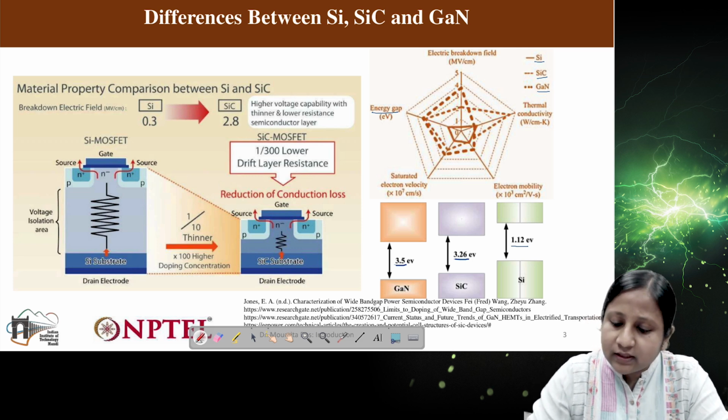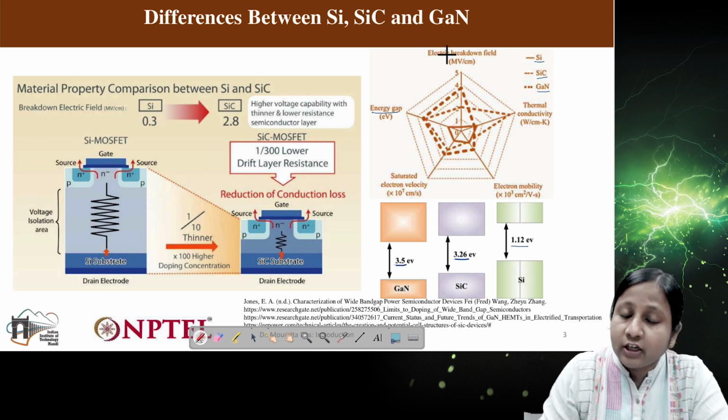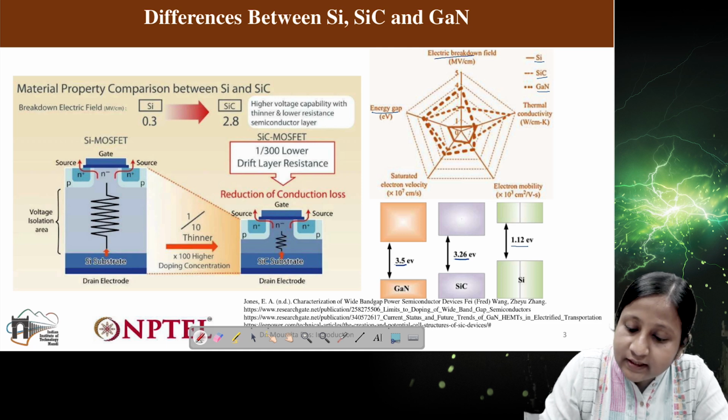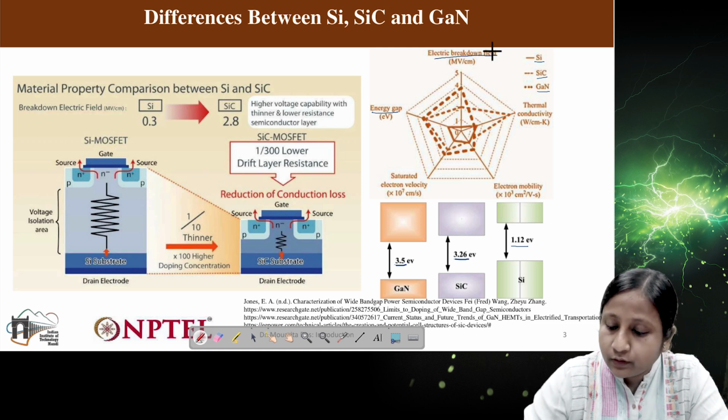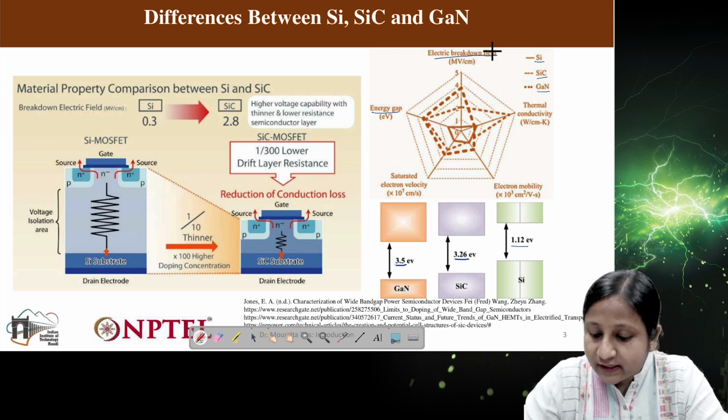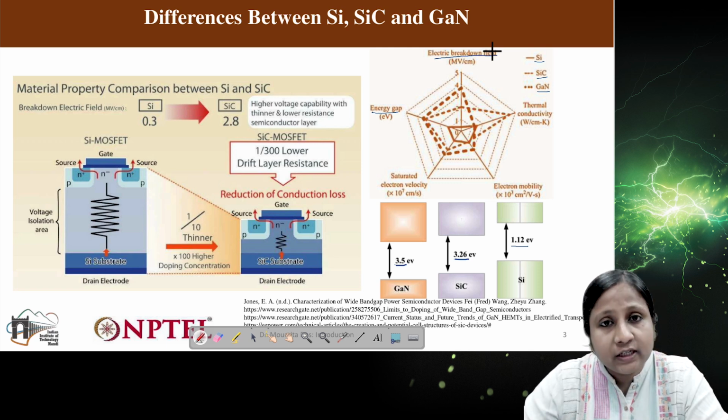Now you can see in this graph there are different factors given along with the energy gap. One factor is the electric breakdown field. As the band gap is higher, the breakdown field is also higher in the case of silicon carbide and GaN.